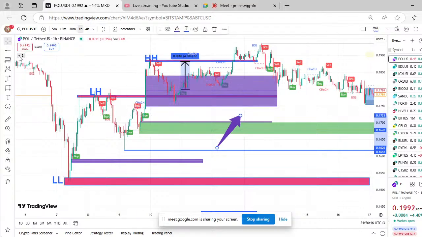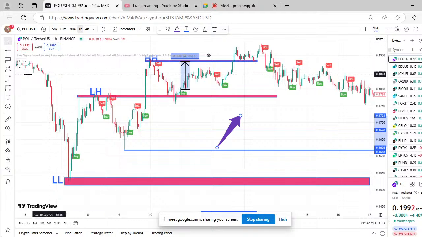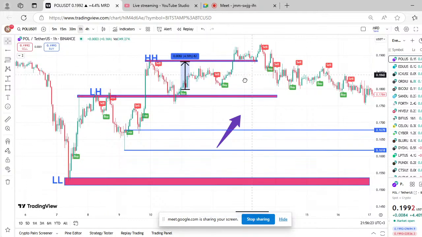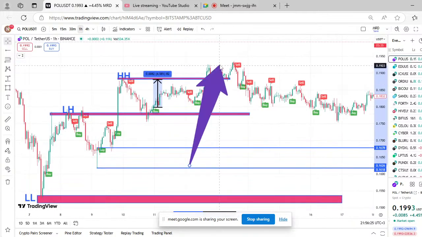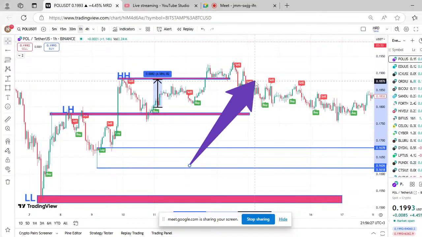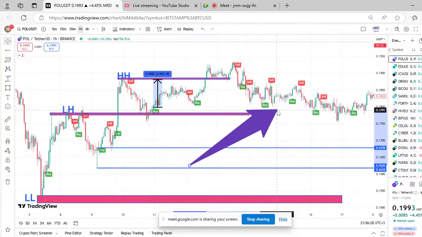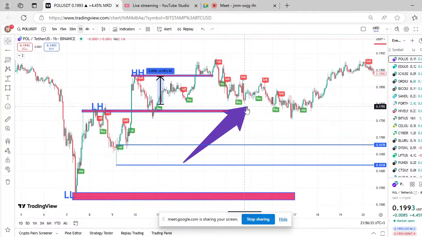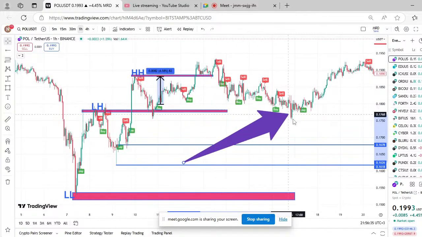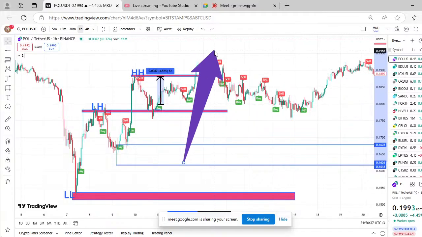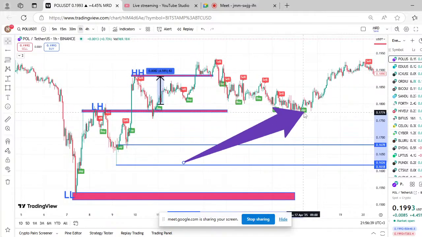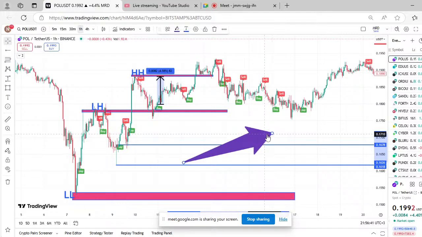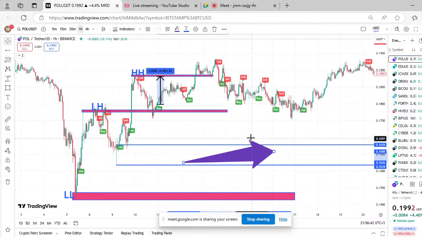Therefore, this market, after forming a higher high at this level, we can see this market again coming back down slowly, down slowly. And when you observe very well, from here up to here, it is on a downtrend.